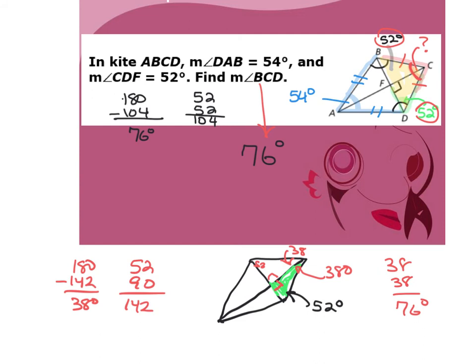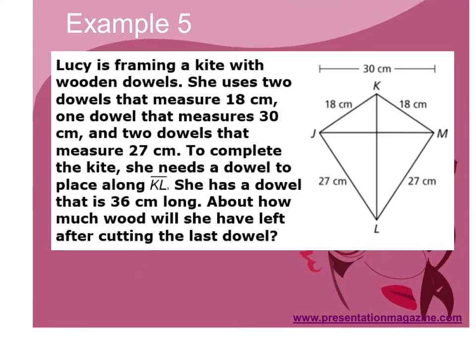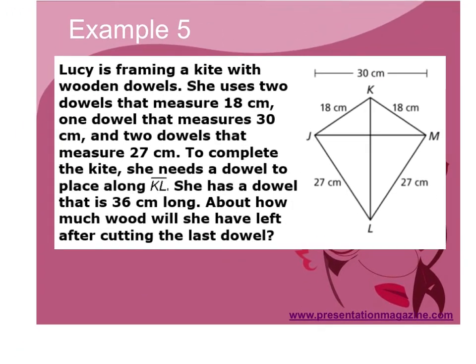All right, let's do one more example. It's a word problem. It says Lucy is framing a kite with two wooden dowels. So a wooden dowel is like a stick, like the sticks of your kite. She uses two dowels that measure 18 centimeters, one dowel that measures 30, and two dowels that measure 27.